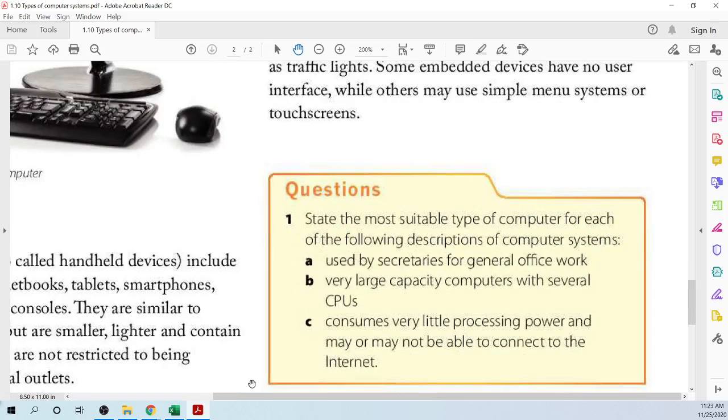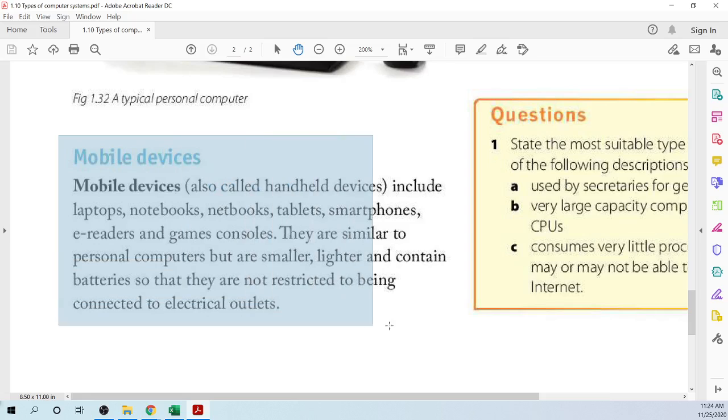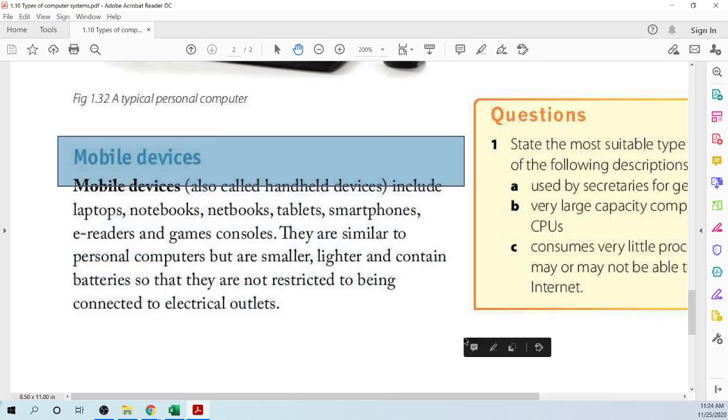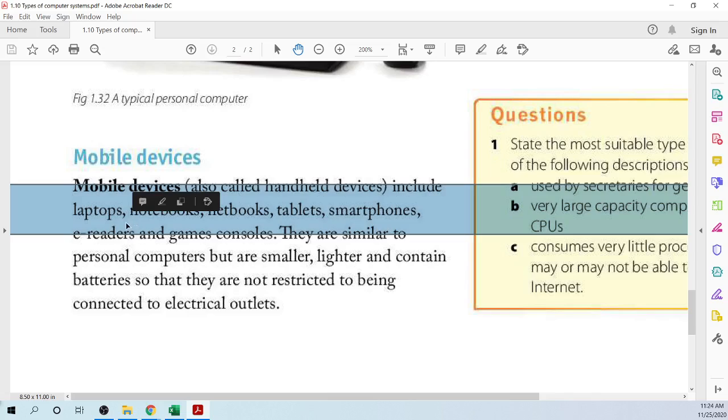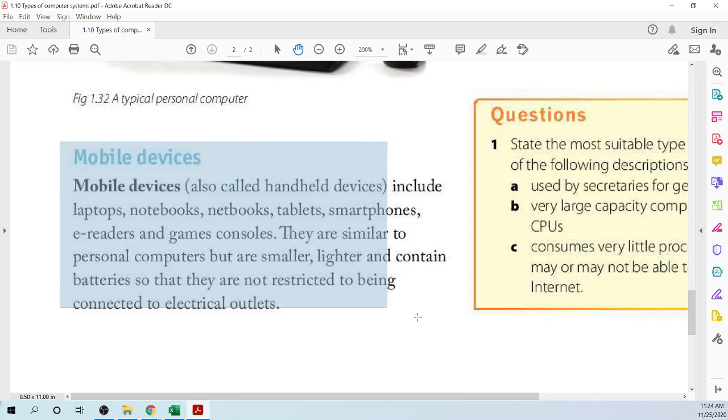But these mobile devices actually don't need fans because they take up so little power and their processing power is smaller compared to a desktop. So they don't produce as much heat as to damage the components, and that's why they don't actually need a fan.